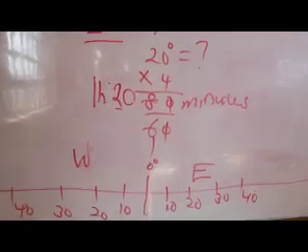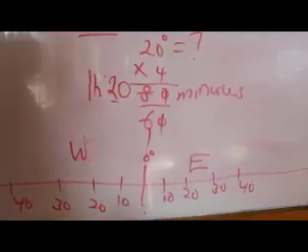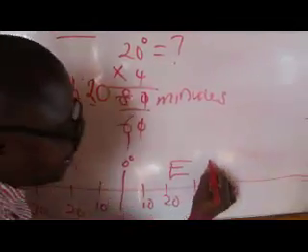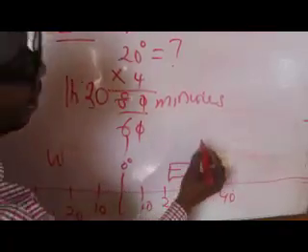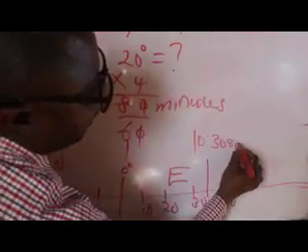Now we go back to our question. The time at Katoloni, 35 degrees east, is 10:30. So 35 degrees east is somewhere here, and we are told that the time here is 10:30 a.m.